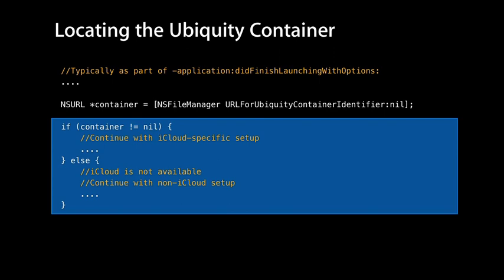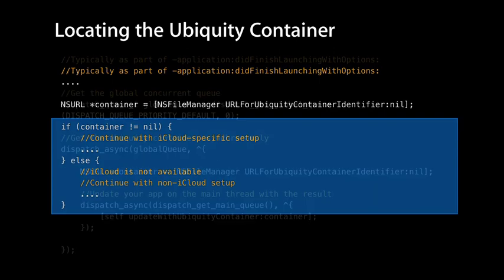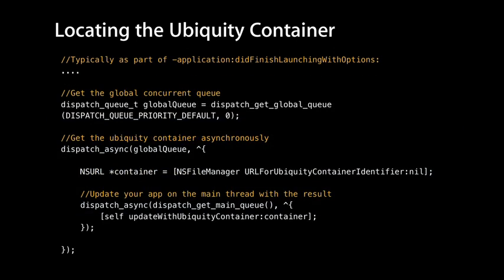There's one small problem with this approach. URLForUbiquityContainerIdentifier can block. And I'm here to tell you, also as the performance evangelist, you shouldn't put any blocking code in application:didFinishLaunchingWithOptions:. So you're actually going to end up writing code that looks a little more like this.